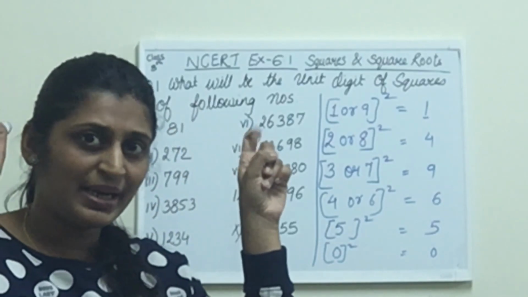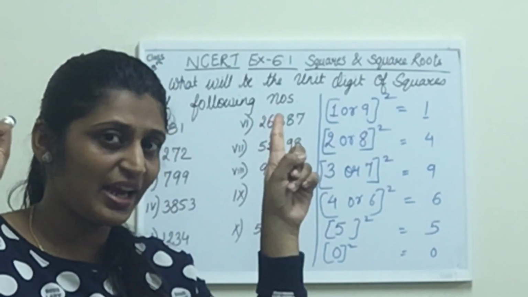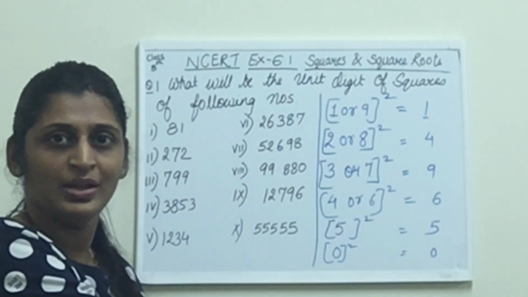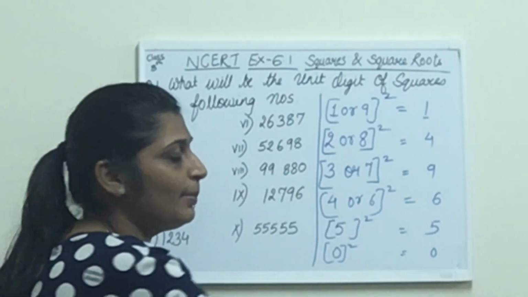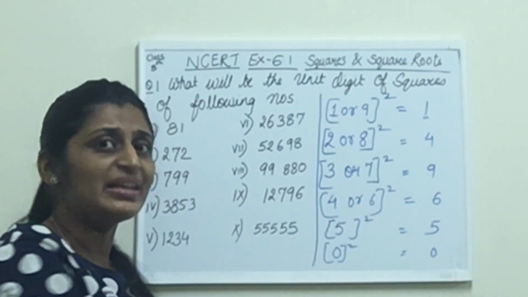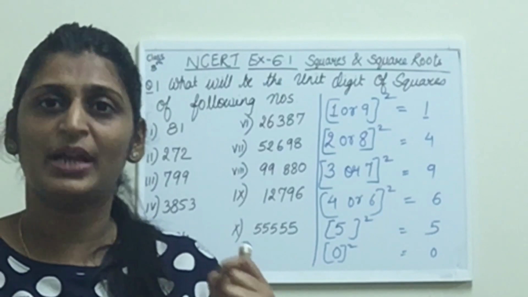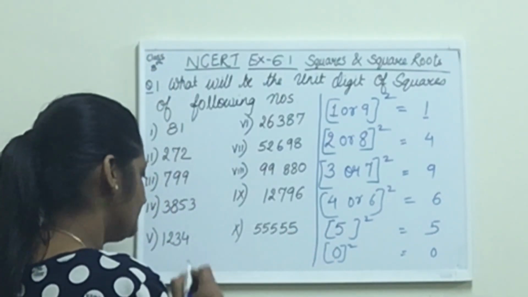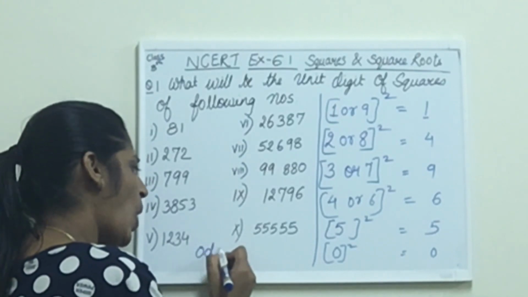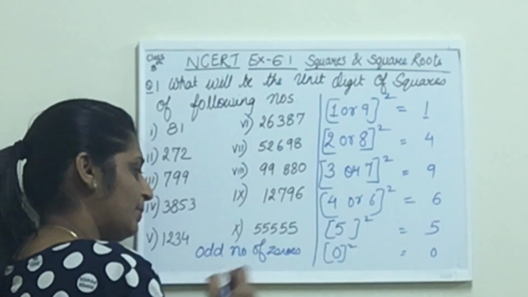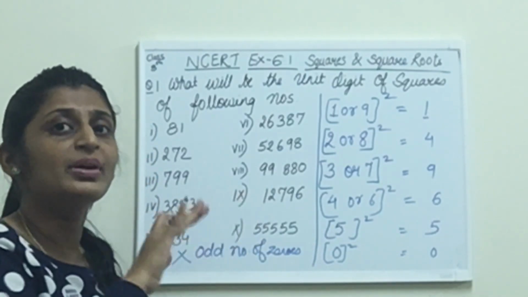But one thing to take care: the number of zeros will be double. So there will always be an even number of zeros at the end. I am specifying the number of zeros because there is a clue that if there are an odd number of zeros in a number, then it is not a perfect square.